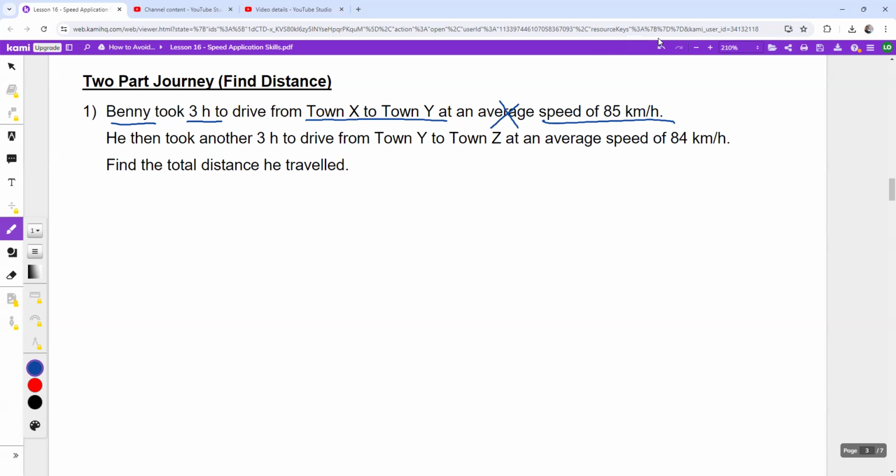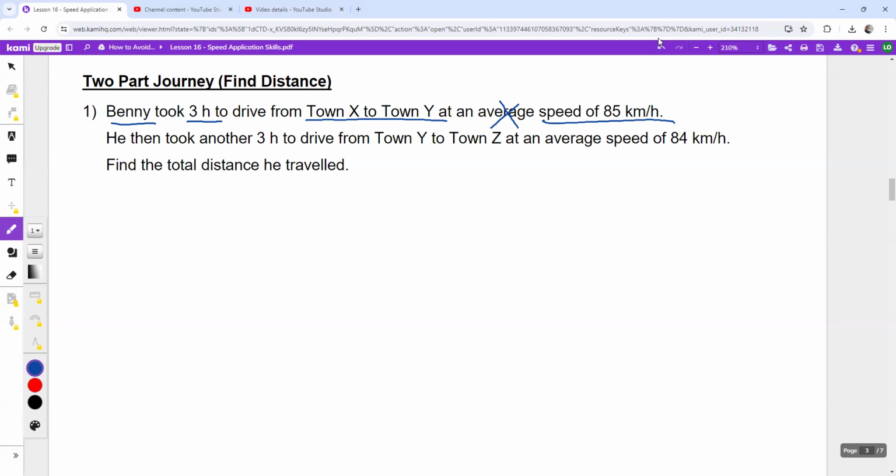This word average is actually redundant. If you cancel the word, it means that Benny took 3 hours to drive at a speed of 85 kilometers per hour. Then why do we have this word average? It's to tell you that it is a constant speed. The speed never changes. That's why it's called average.